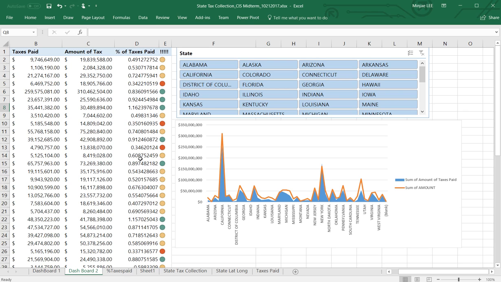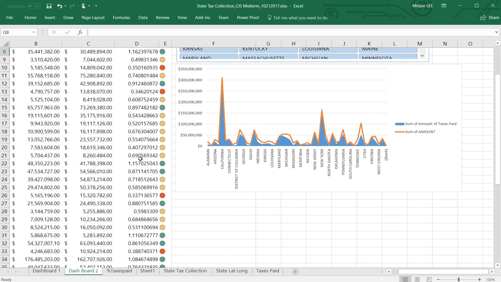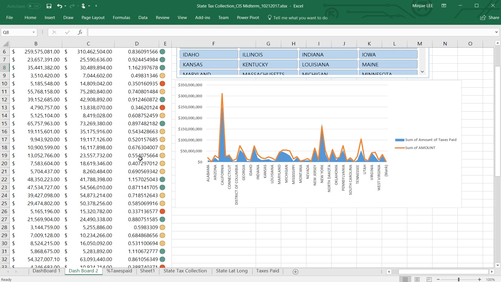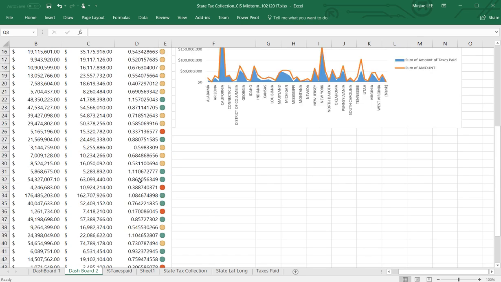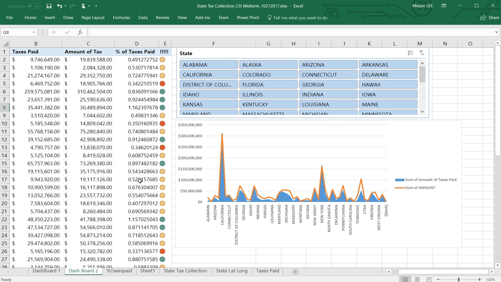And if it is over 80, I mark it as green. The interesting thing is that there is a percentage which is over 100%, because sometimes they make an overpayment for their taxes.